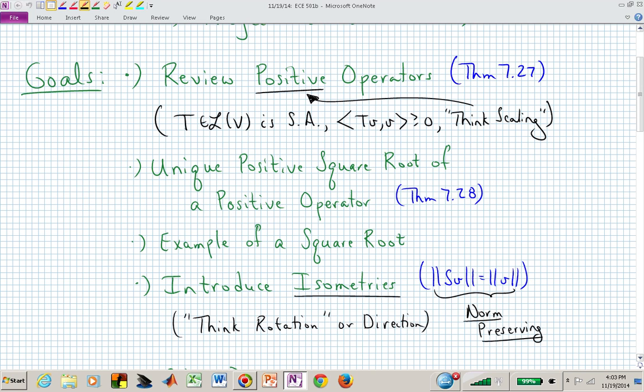Just to plant the seed, a complex number can be represented in polar form. It has an angle and a magnitude. We are trying to generalize that concept to a linear map.